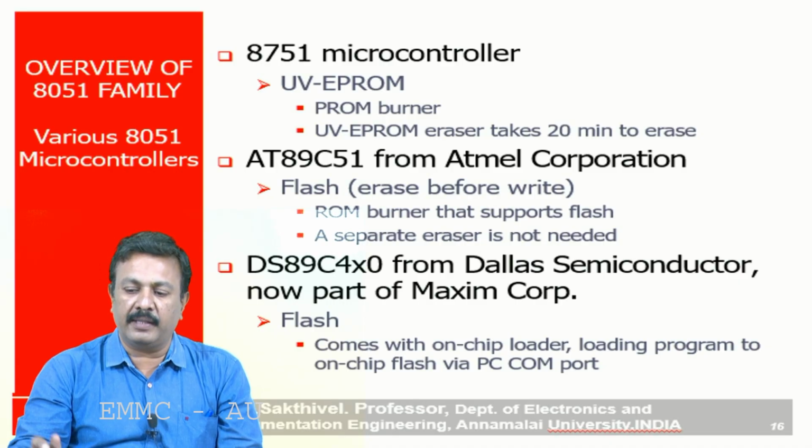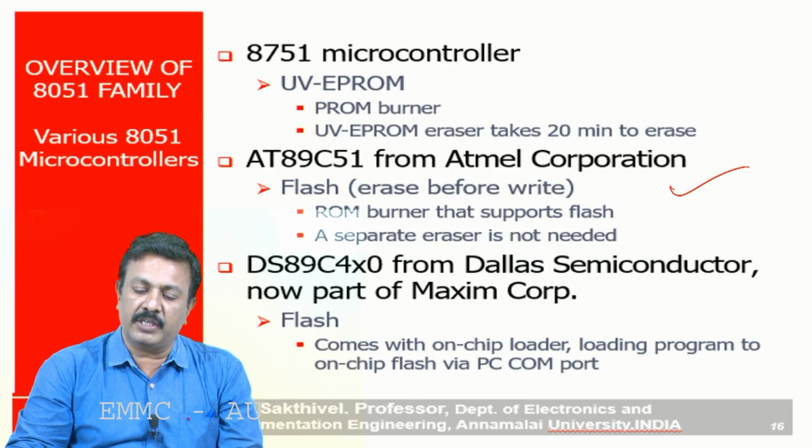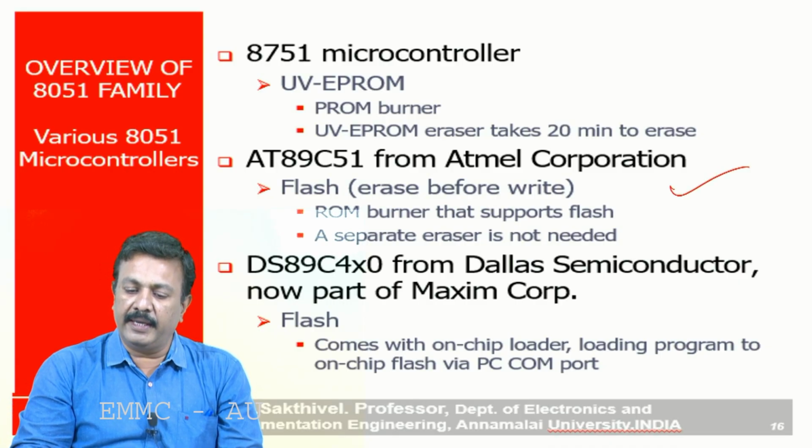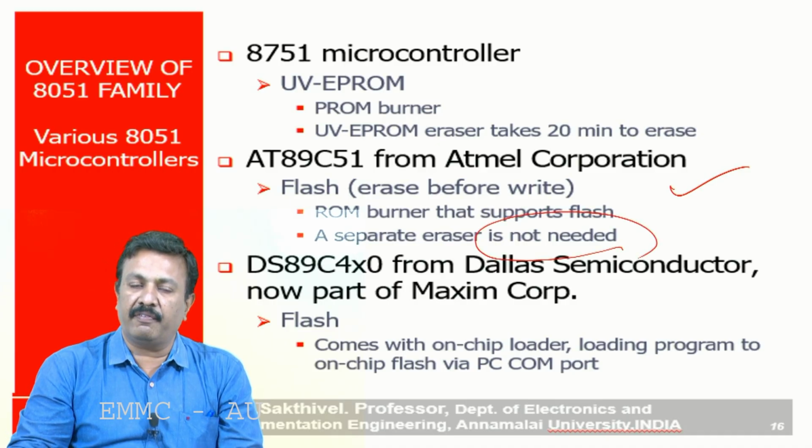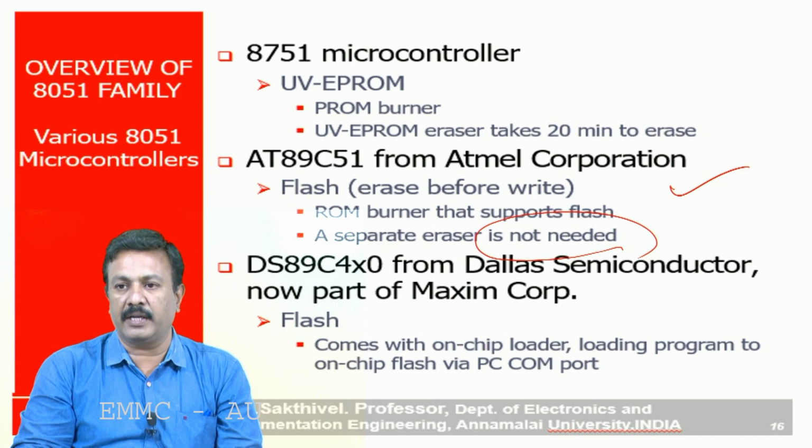The next enhanced version from Atmel Corporation, the AT89C51, consists of flash memory. The ROM burner supports the flash, so a separate eraser is not needed. Within a fraction of time you can erase the data. It is a very good advantage compared to the previous 8751.